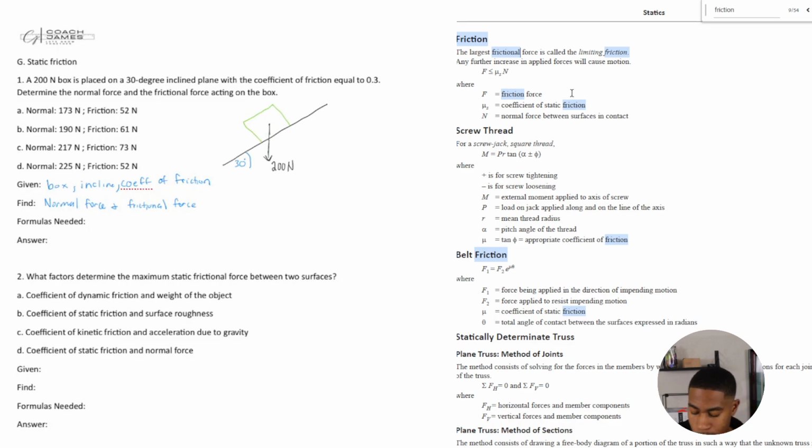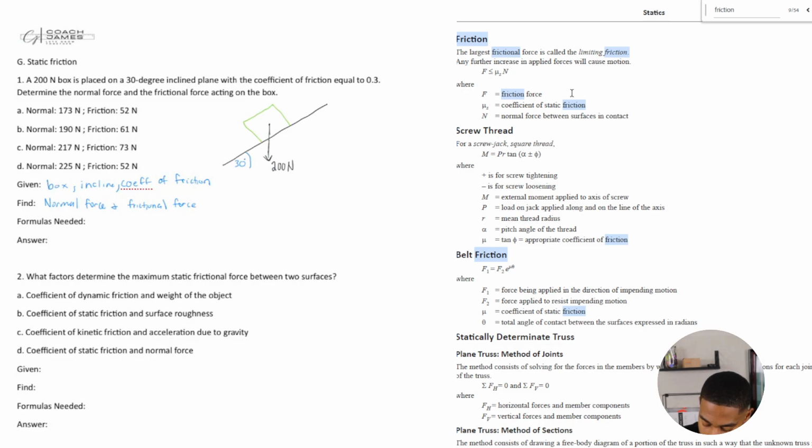That's the weight. It's acting straight down, right? So how do we get the normal force? What is normal force? Well, normal force always acts perpendicular to the plane.